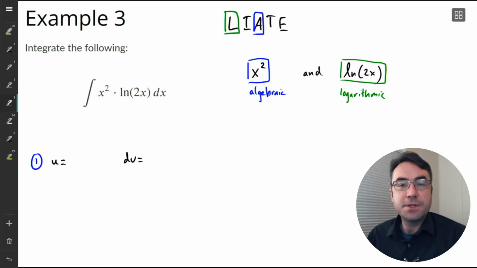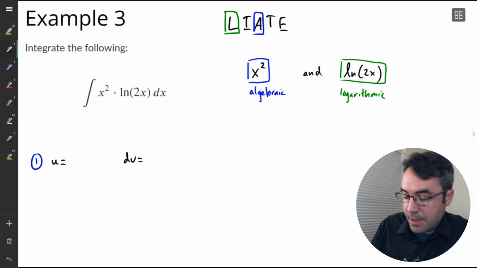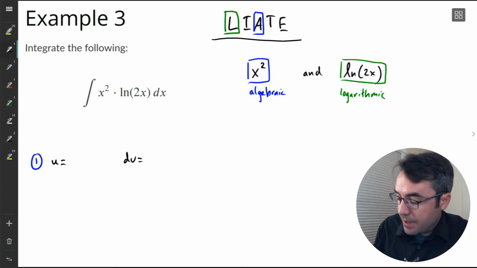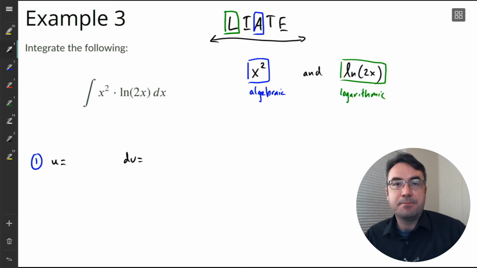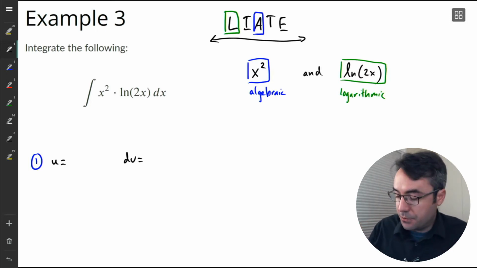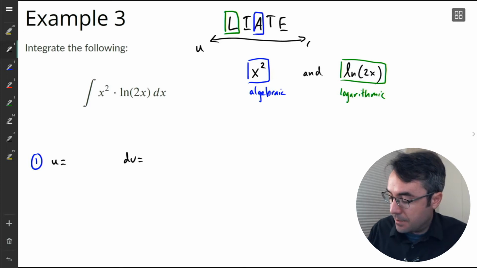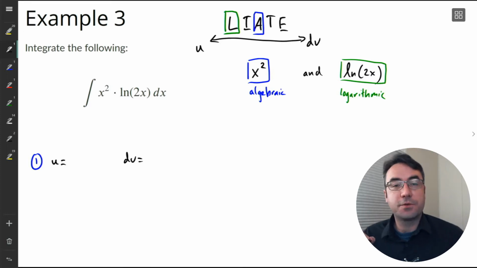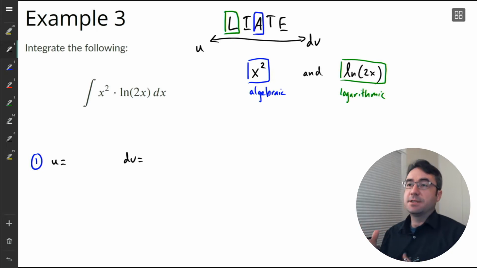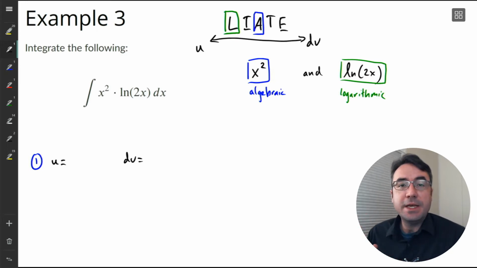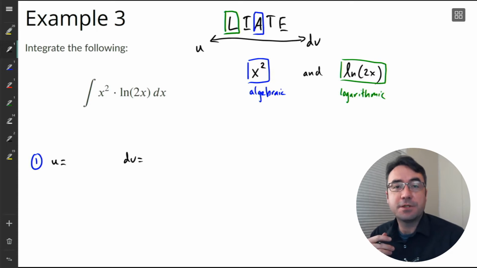And the way we use this acronym is we think of it almost like a continuum. The things further to the left are what we choose for u, and the ones further to the right are what we choose for dv. So if we're looking at this, the log piece of our function is furthest to the left, so that's what we're going to pick for u.